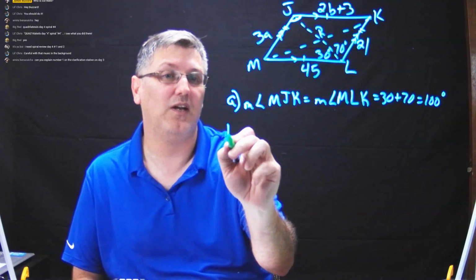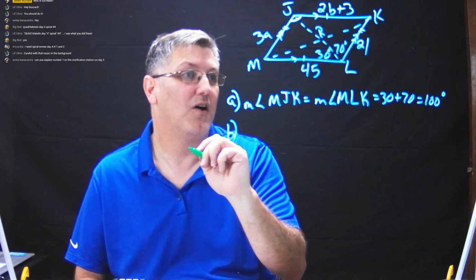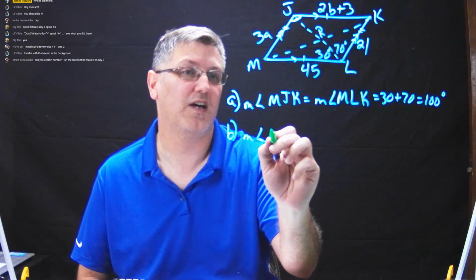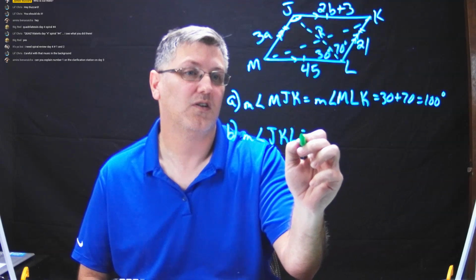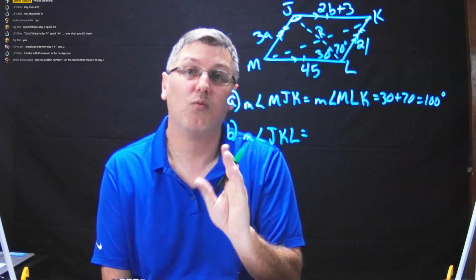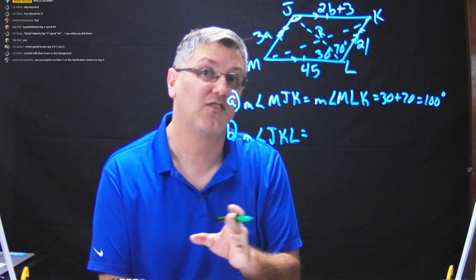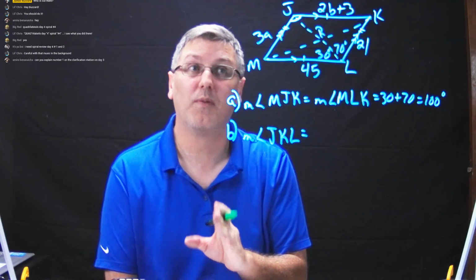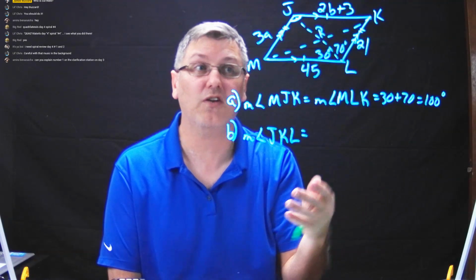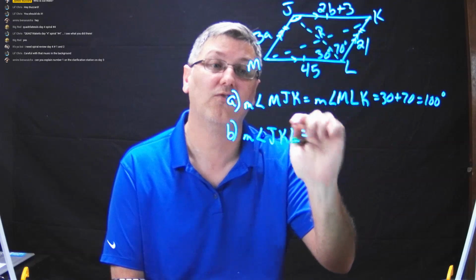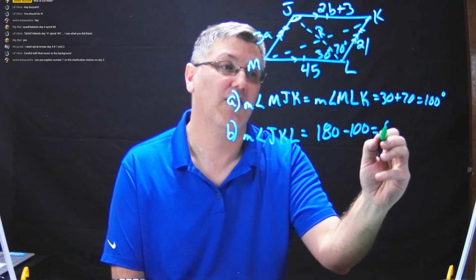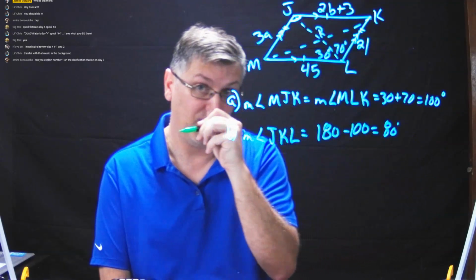All right, so B, it says the measure of angle JKL. One of the properties of a parallelogram is that any consecutive angles are supplementary. That means this angle plus this angle equals 180 degrees. I already know this angle right here is 100, so I do 180 minus 100, and that gives me 80 degrees.